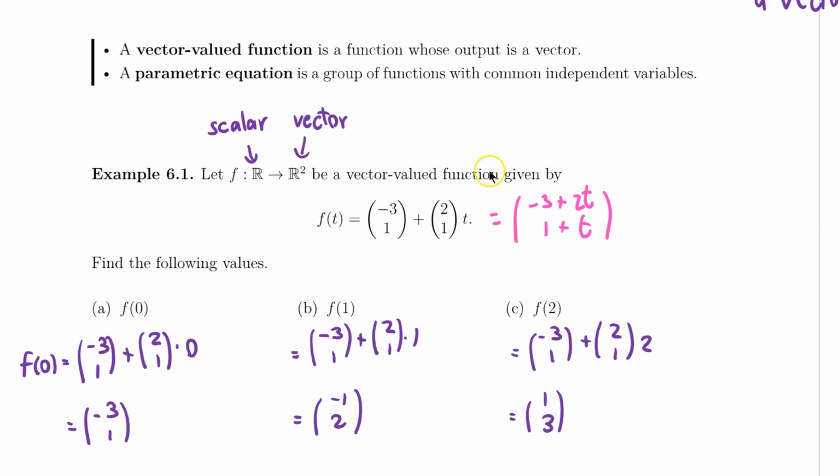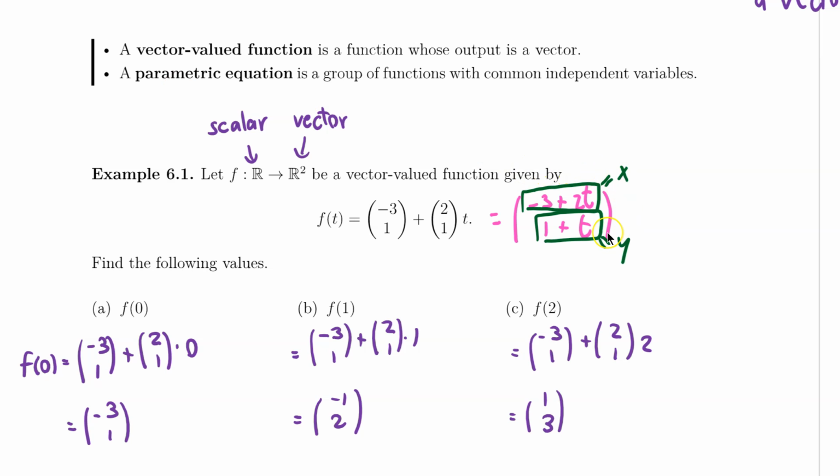So instead of looking at this as a vector valued function, I can also consider this very same thing as just two functions. This is going to be my x, and this is going to be my y. This perspective corresponds to another way that I can look at the equation for the line.